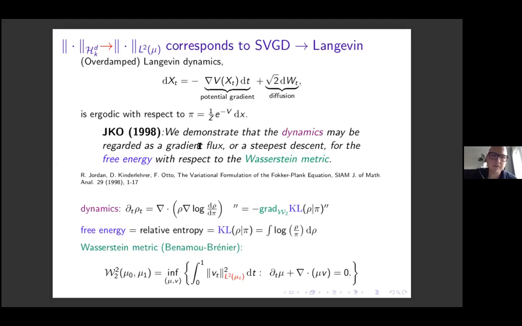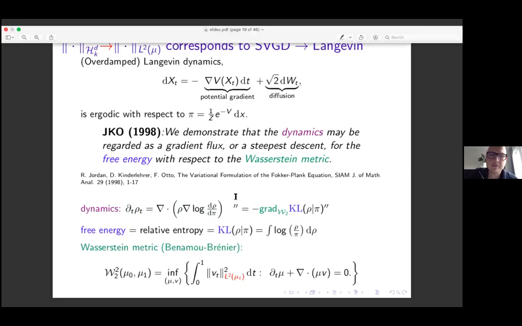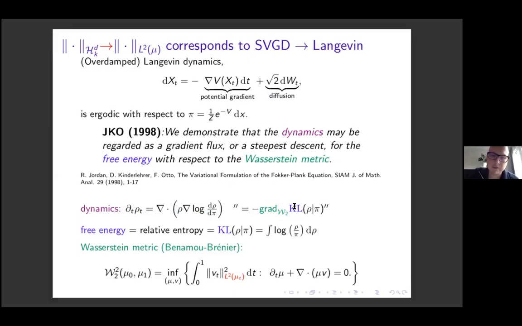Okay, and this was famously noted by Jordan, Kinderlehrer and Otto. So they noted that this dynamics or the corresponding PDE, such as here, can in fact be interpreted as a gradient flow of the relative entropy with respect to the Wasserstein metric.